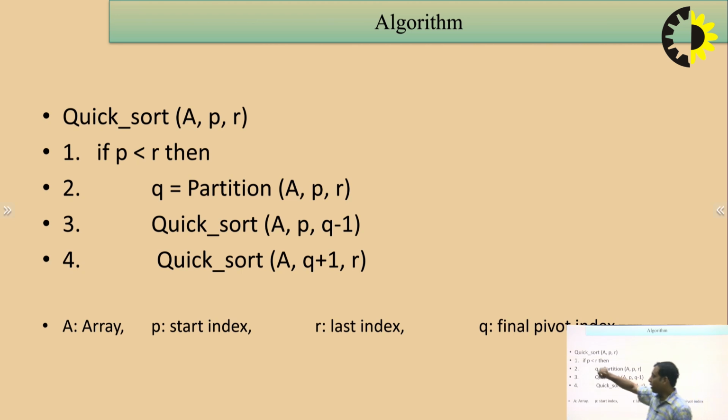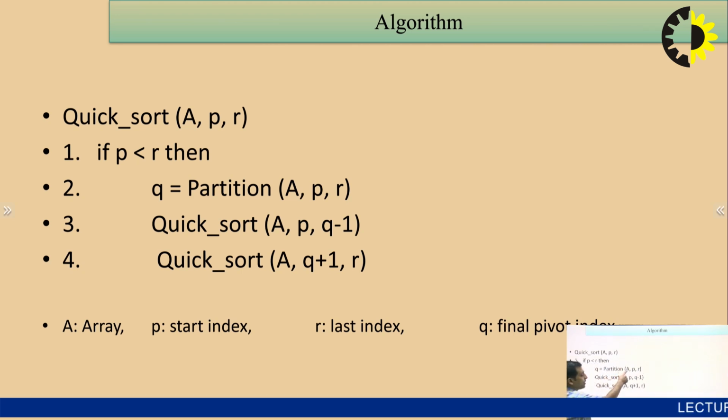Now we are partitioning this array A with starting index P and last index R, and after partitioning this will return the final position of the pivot element, and we capture this in Q, means P, Q and R.